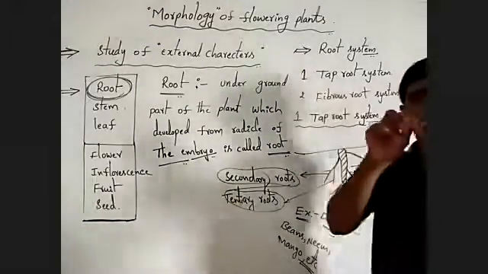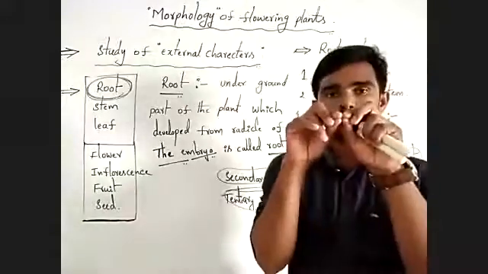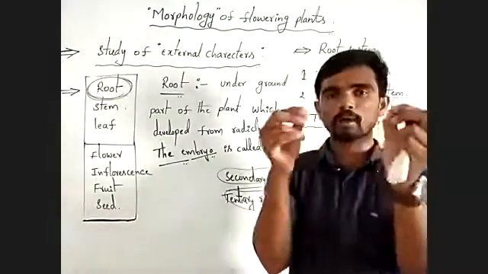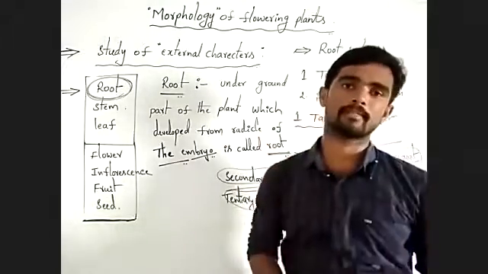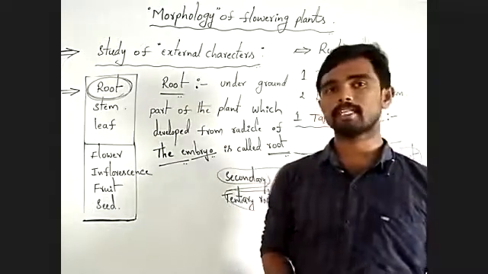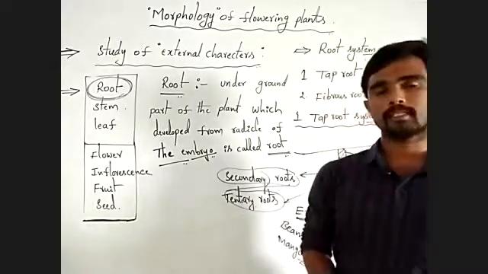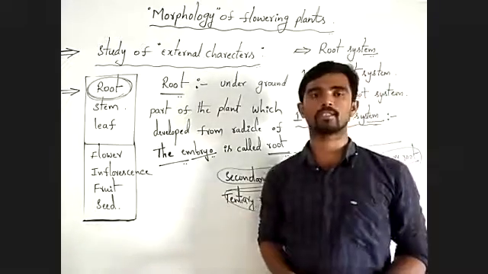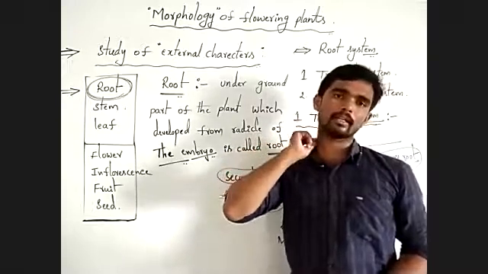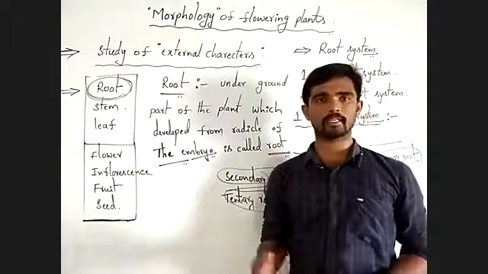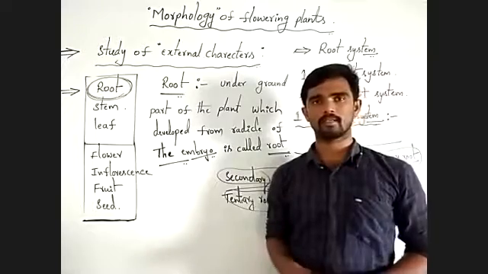For example, we can separate the two cotyledons from the seed of the bean, the seeds of the groundnut. We can separate all these types of seeds: red gram, Bengal gram, horse gram, black gram, green gram.